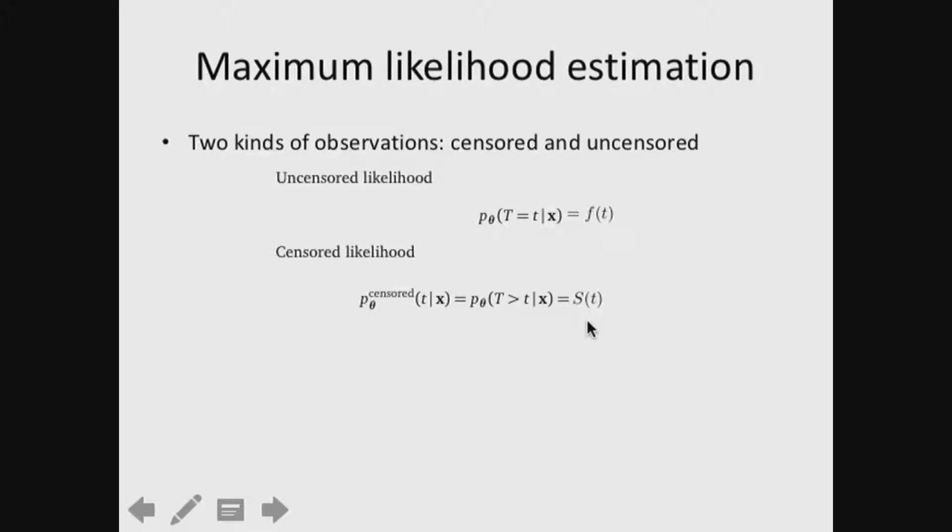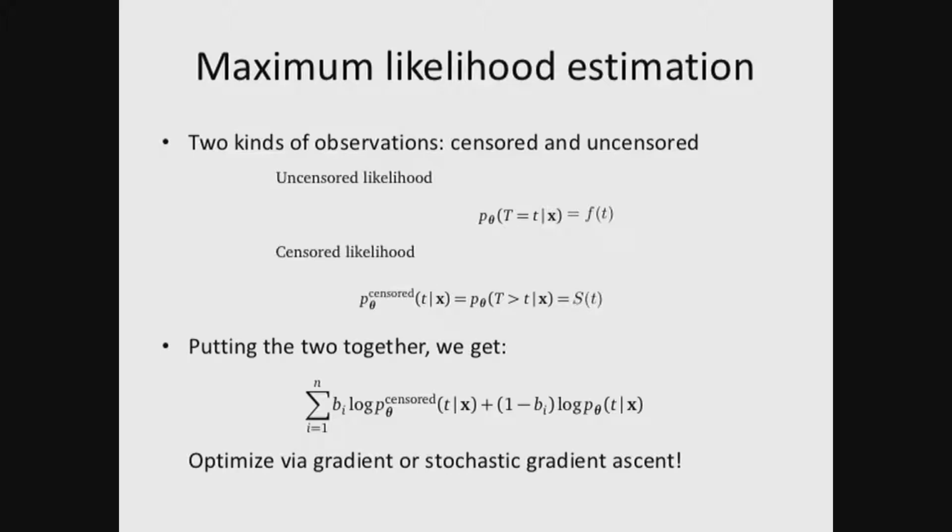So now we can then combine these two for censored and uncensored data, and what we get is the following likelihood objective. I'm showing you here the log likelihood objective. Recall from last week that little b of i simply denotes, is this observation censored or not? So if b i is 1, it means the time that you're given is the time of the censoring event.